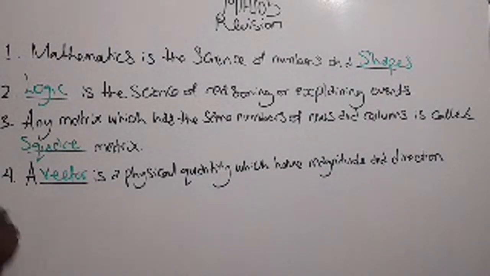Question 5. Now let's take this. It says a vector can also be defined as a directed line dash.